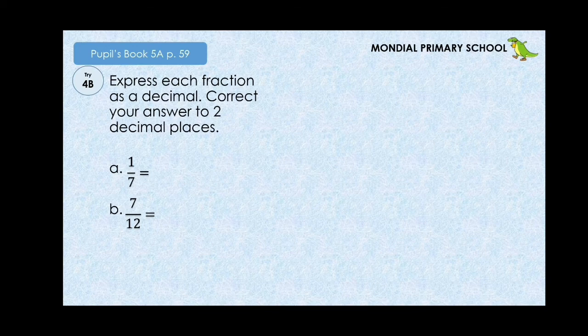A. 1 out of 7 or 1 divided by 7. Step 1. Divide the ones by 7. 1 divided by 7 is equal to 0 ones with the remainder of 1. Write 0 in the ones column of the question, then rename the remainder of 1. 1 equals 10 tenths.